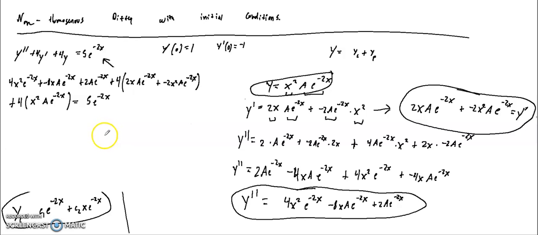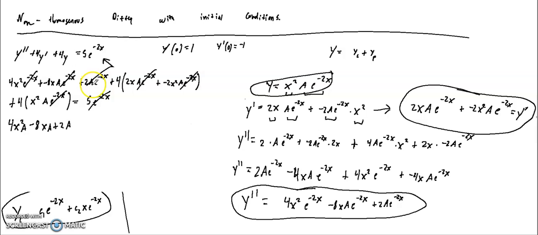So, that's a lot. Well, what I can see is e to the negative 2x is a common factor here. So we can just cross all of those out. Makes this equation nicer to look at. We've got 4x squared minus 8x plus 2, a, also, we can't forget our a, that's what we're solving for.